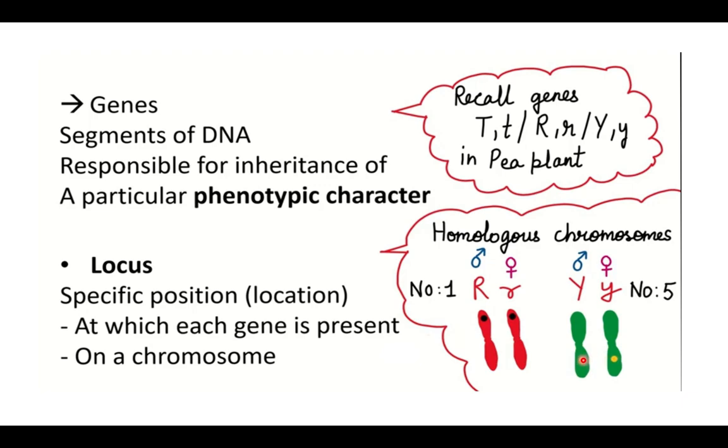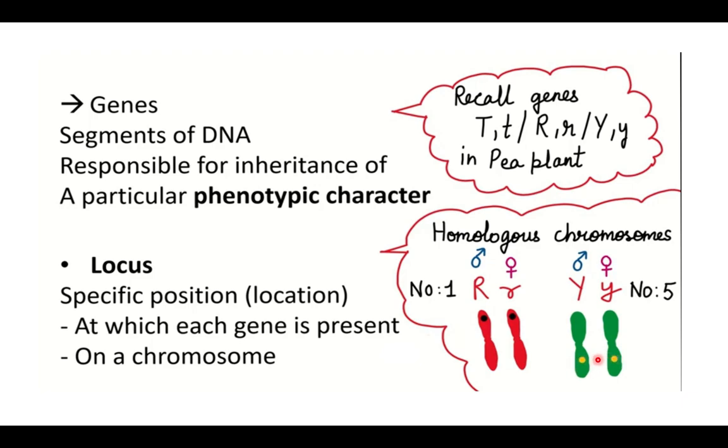Here this denotes the appearance of the hair texture. Just for example, if a gene is present representing the hair texture here, in the same way the other homologous pair also contains the gene in the same position. So the position never changes for the homologous chromosome.